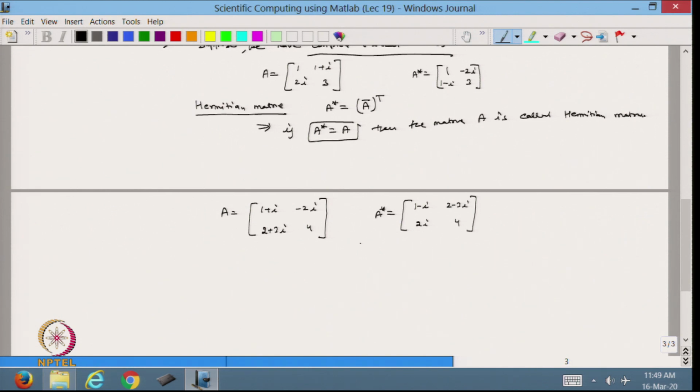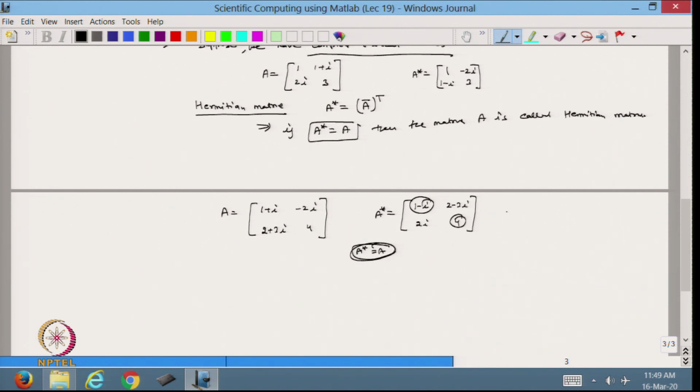So, if A star should be equal to A, then one thing is true, that first of all the diagonal elements should be same. So, if I take the conjugate, if the diagonal elements are complex, then definitely its conjugate will be different from the previous one.